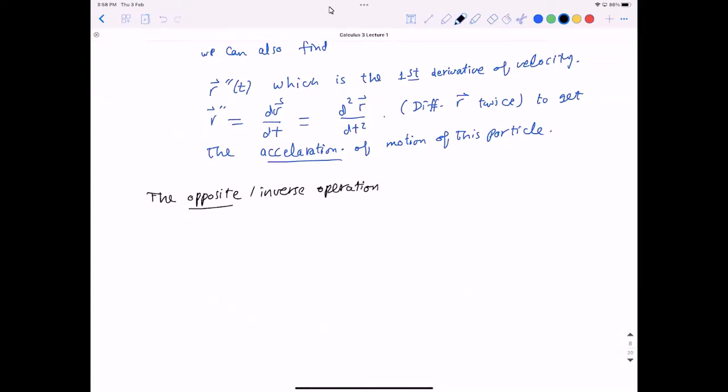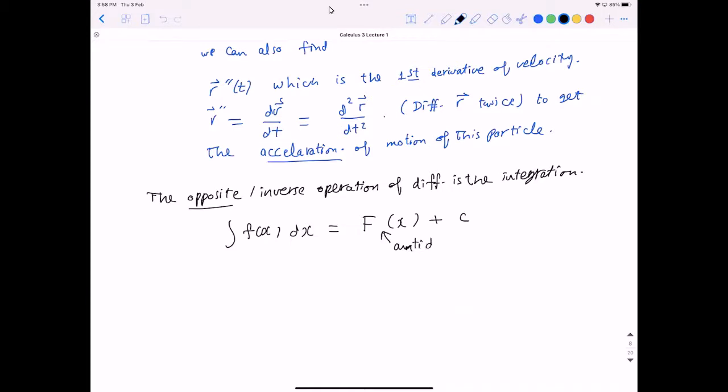The inverse operation of differentiation is integration, which used to be this: the integral of f of x dx gives you the antiderivative of x plus a constant. This is called the antiderivative, the function we differentiate to get the little f.